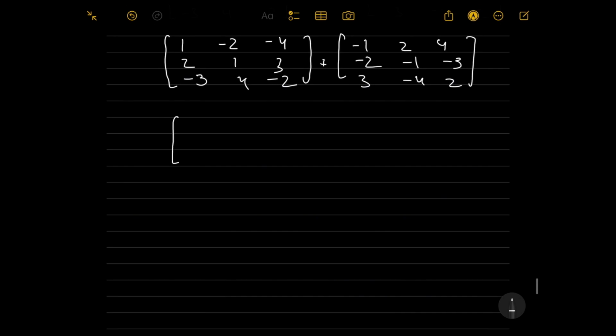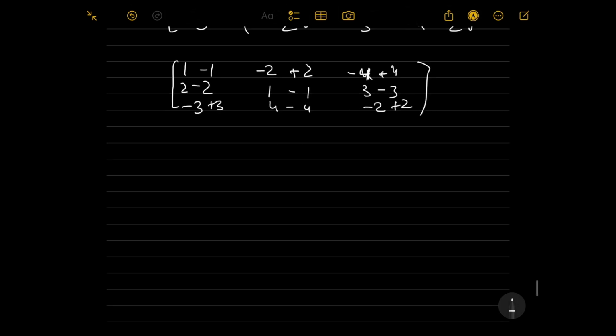So add these. 1 minus 1, minus 2 plus 2, minus 4 plus 4, then 2 minus 2, 1 minus 1, 3 minus 3, minus 3 plus 3, 4 minus 4, minus 2 plus 2. So adding this, we'd get a null matrix, zeros. So this means E and F are also additive inverses of each other.